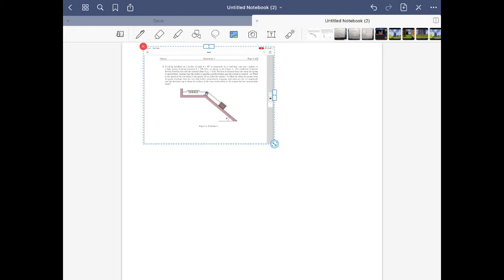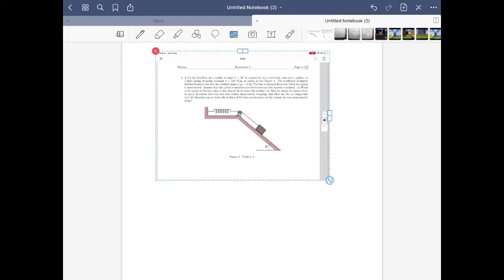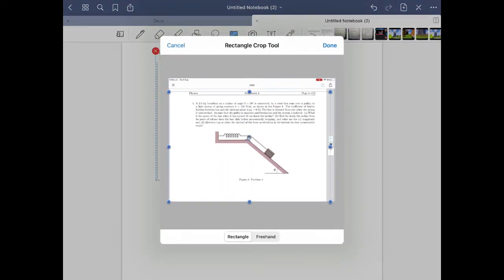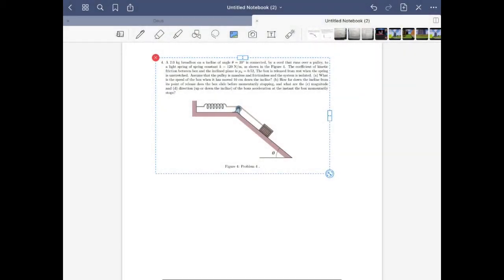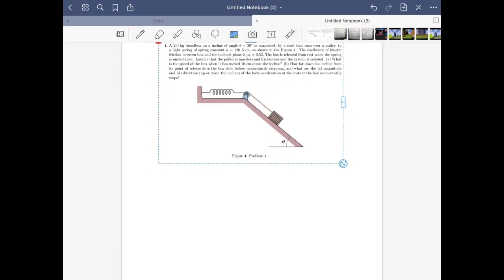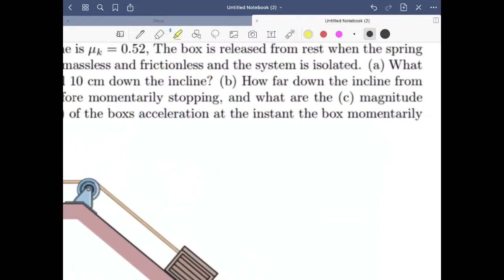The coefficient of kinetic friction between the box and the inclined plane is mu k equal to 0.52. The box is released from rest when the spring is unstretched. Assume that the pulley is massless and frictionless and the system is isolated.